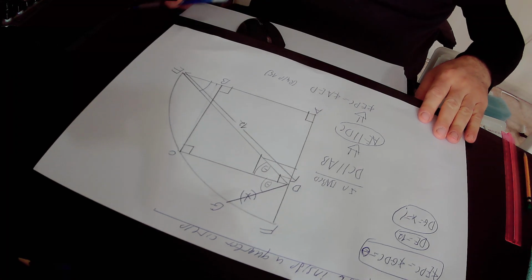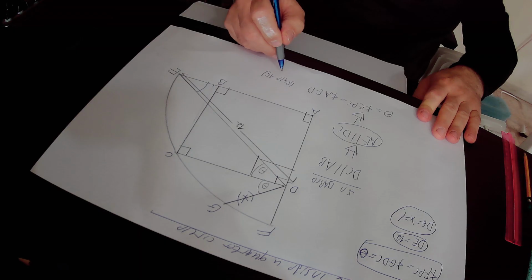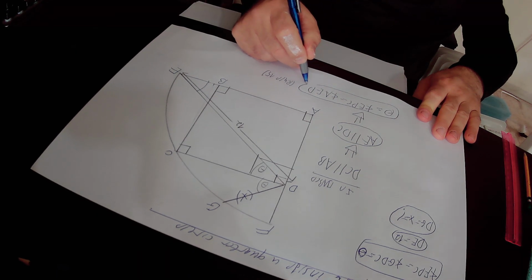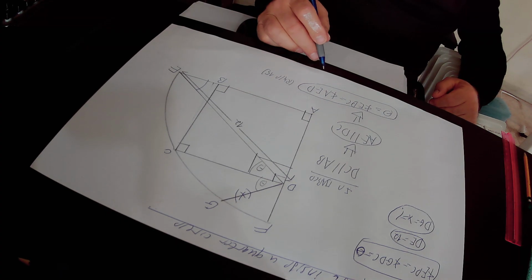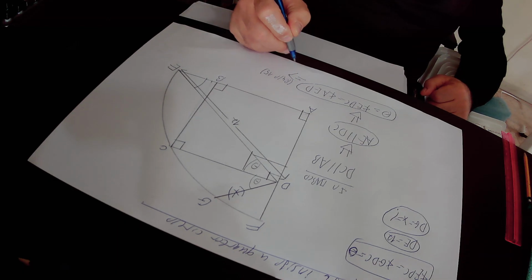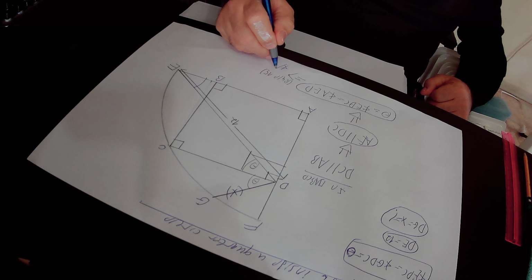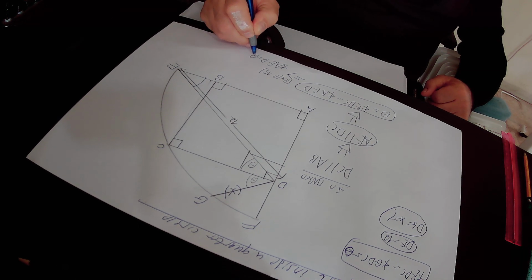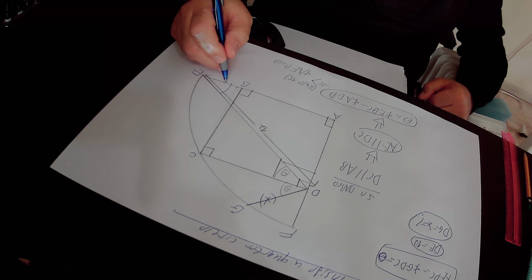So we can write here that angle EDC equals theta, and from this equation, theta equals angle EDC equals angle AED. We will derive that angle AED is also equal to theta. This is the angle AED, and it equals theta.